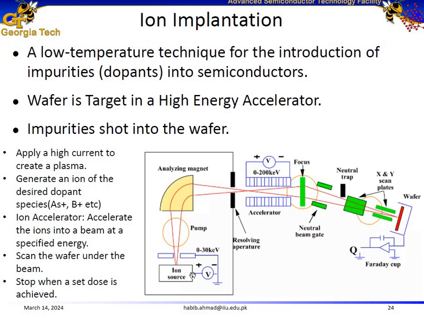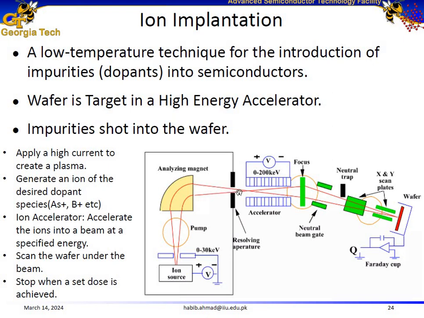Once we generate the plasma, the ions are pumped and directed towards an analyzing magnet. An analyzing magnet performs the function of a mass separator. It allows the intended dopants to pass through the magnet, and it blocks the unintended ions so that they are not introduced into the wafer.